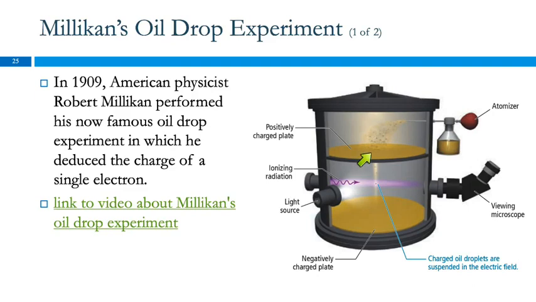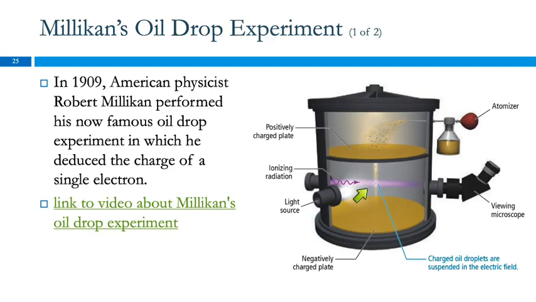As they fall through, they're going to get hit with some ionizing radiation, which is going to cause them to have a charge. We've got a light source and a microscope so that we can look at these little particles. And with this positive charge and negative charge, you can control the charge on those plates.